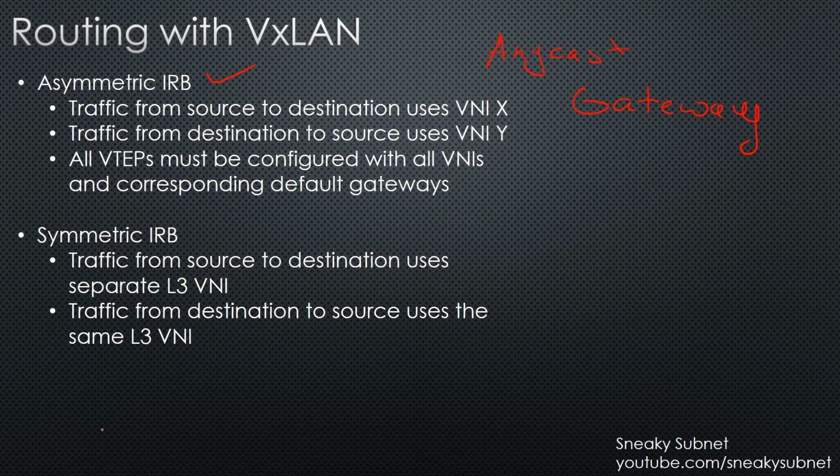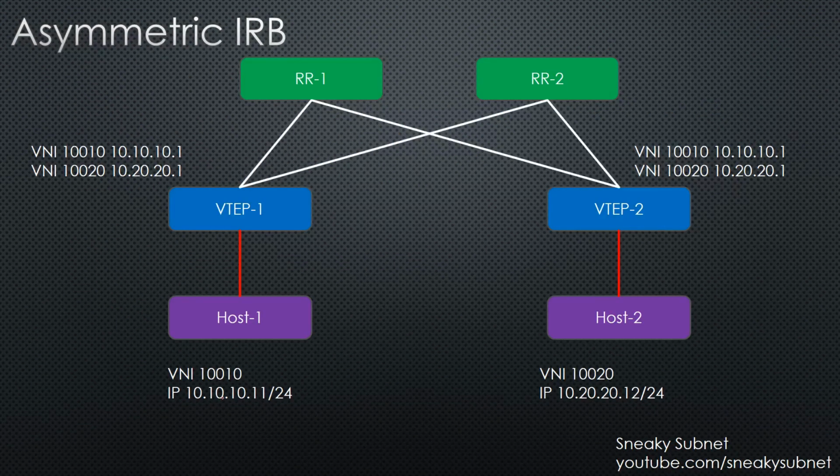So what does it really mean? In this case we have host number 1, which is located inside VNI 110, and it has IP 10.10.10.11. And we have host number 2, which is inside VNI 120, and it has IP 10.20.20.12. So again, these hosts are in different VNIs and different IP subnets.